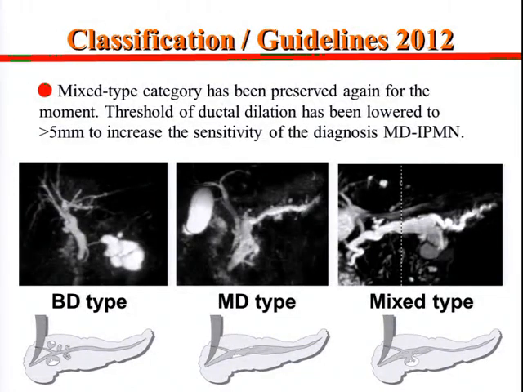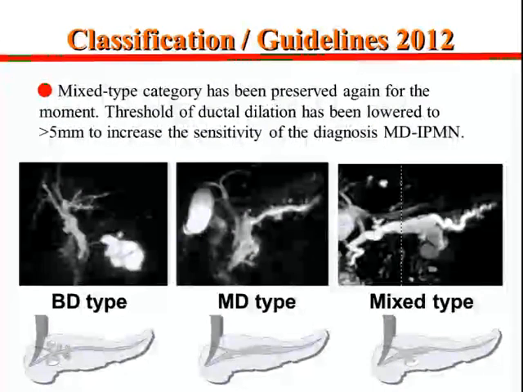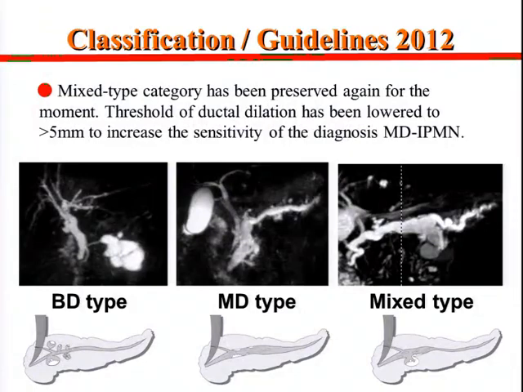The point changed in the revised guidelines is the threshold of ductal dilation for the diagnosis of main duct type IPMN. The threshold of the main duct has been lowered to more than 5 millimeters to increase the sensitivity of the diagnosis of the main duct type IPMN.